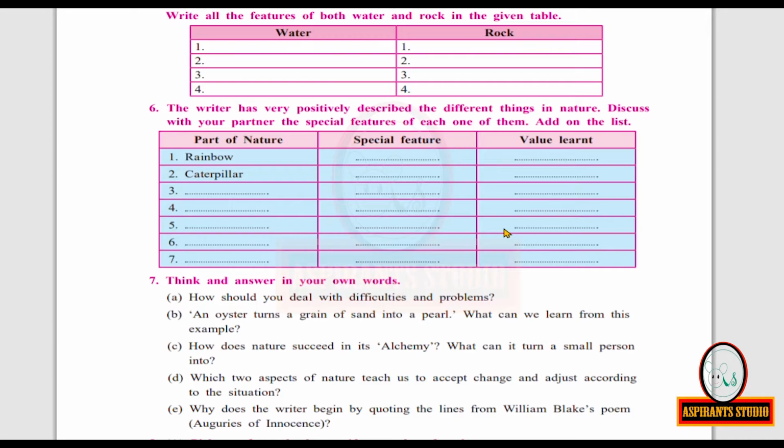Now the sixth one, you can write bare tree, B-A-R-E, bare tree, T-R-E-E. And a special feature, you can write optimism, faith, conviction.